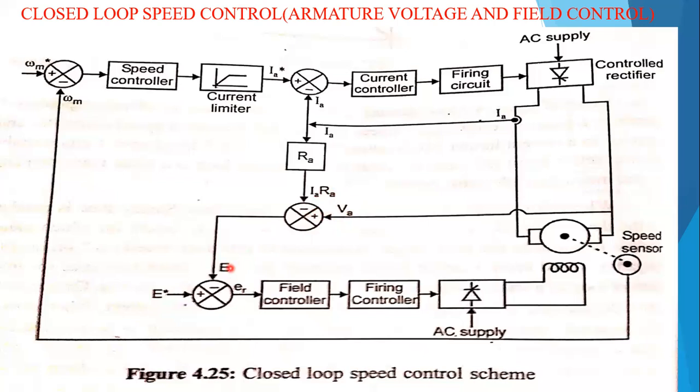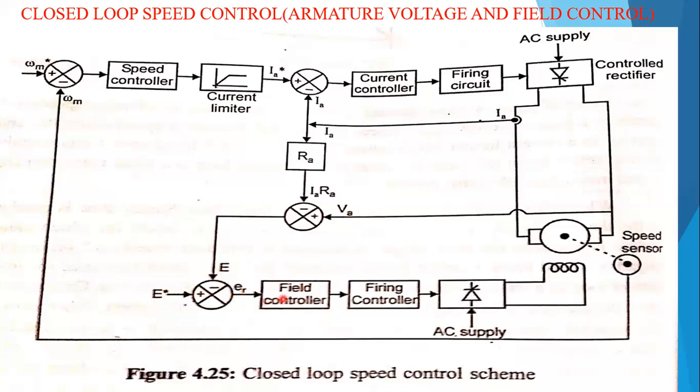So when closer to the base speed, VA is almost near the rated value, and the field controller is out of saturation. Because of this, the reference EMF and the actual EMF are approximately equal, so the error is almost zero.